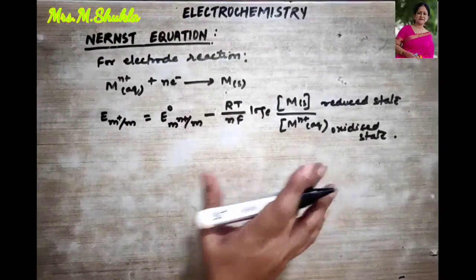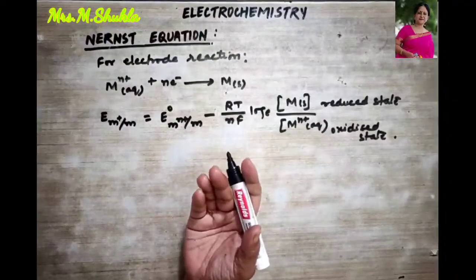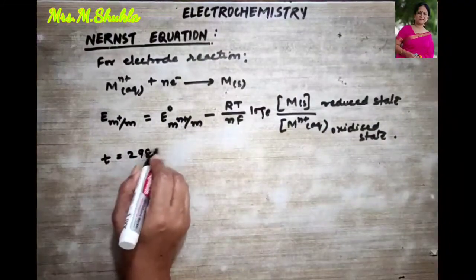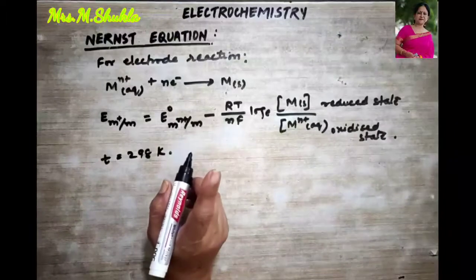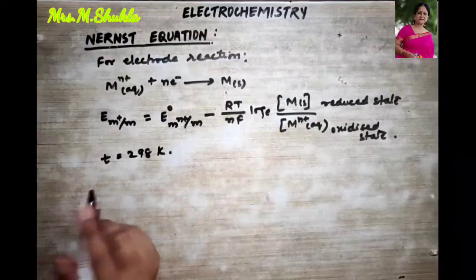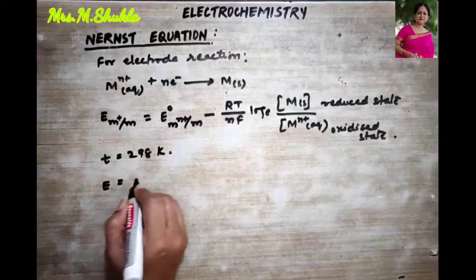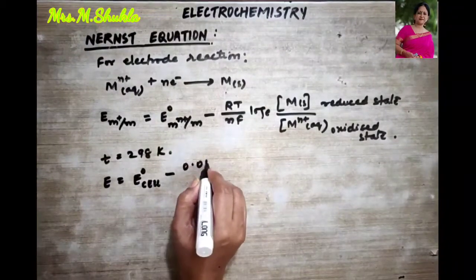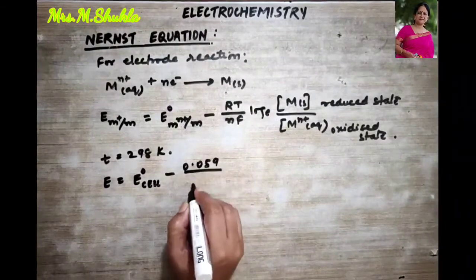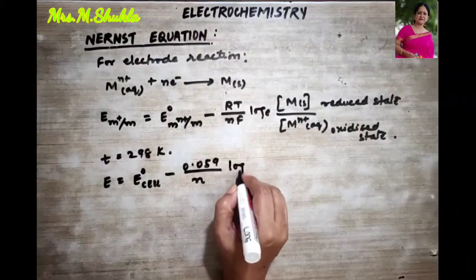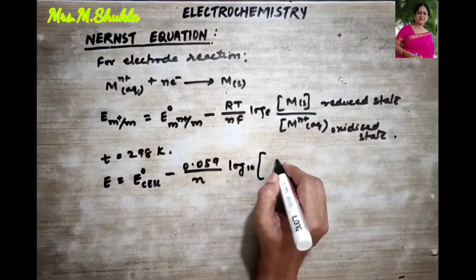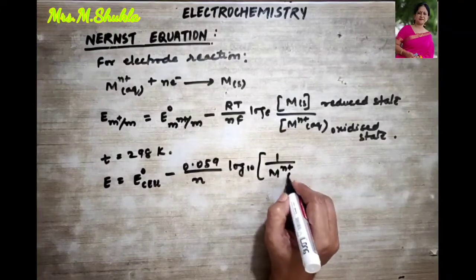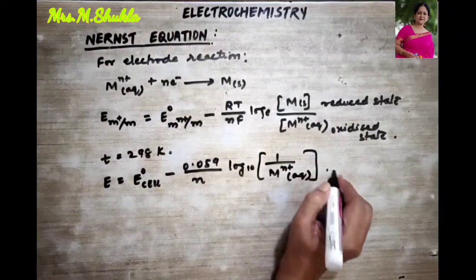Followed? So the simple Nernst equation can be used if the temperature that we take is 298 Kelvin, right? But the concentration is not standard. Then in that case, E will be equal to E naught cell minus 0.059 upon n log base 10 of 1 upon M, the ionic form which is in its aqueous state, right?